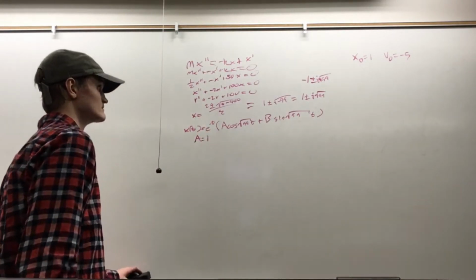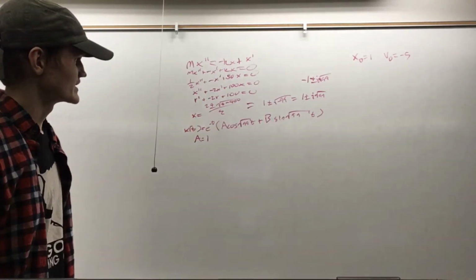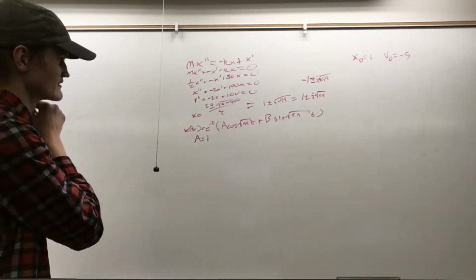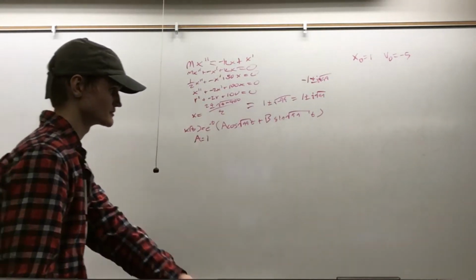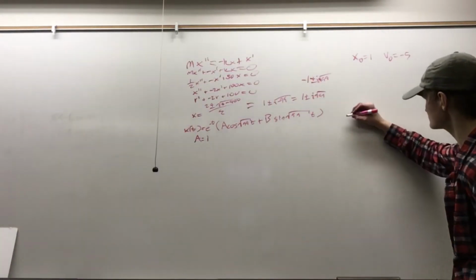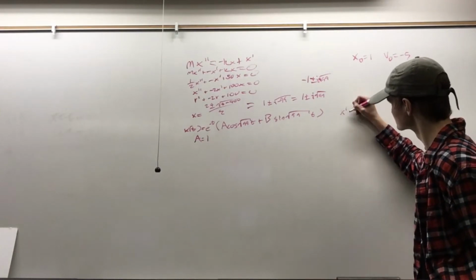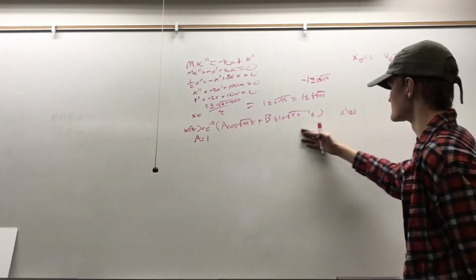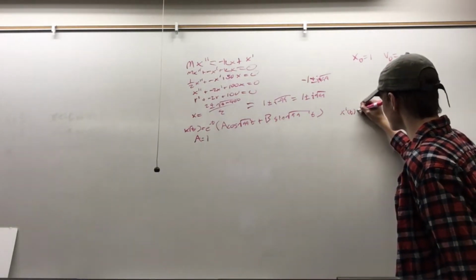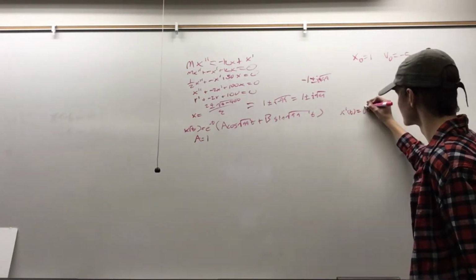To find b, we need to use the second condition, v0 equals negative 5, so in order to do that, we need the derivative of this. So let me do that real fast. So first part, this is the derivative of the second part. You'll remember this, of course.